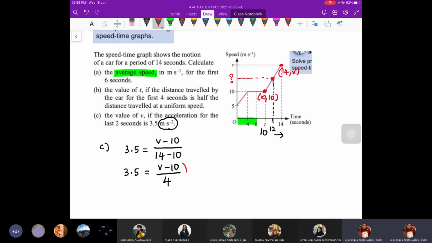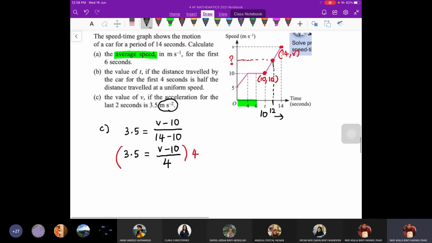And then nak eliminate denominator, you multiply with 4. So make sure kat dalam ni pun kena buat bracket. Okay. So 3.5 times 4. Dan kat sebelah kanan tu dia akan cancel out 4. So jadi V minus 10 saja.